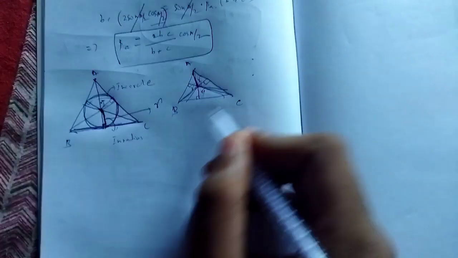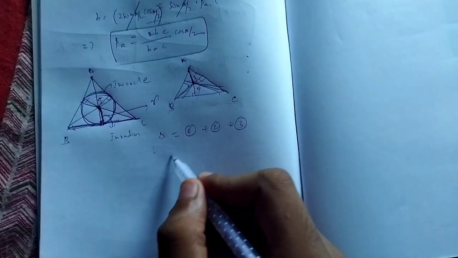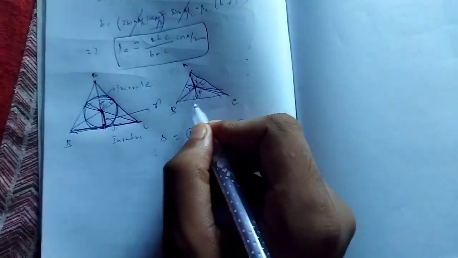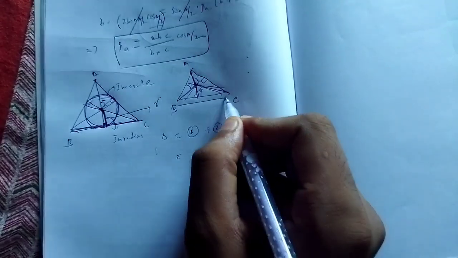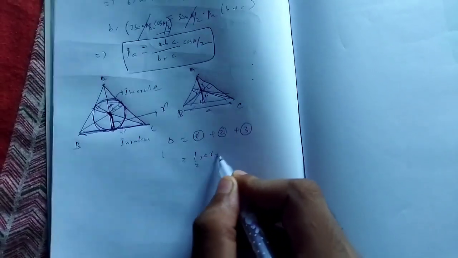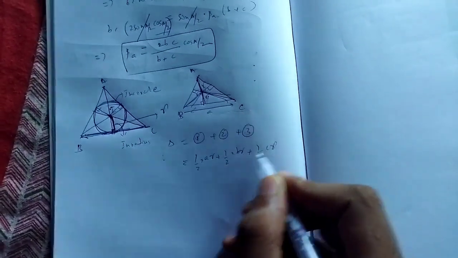The area of triangle ABC, delta, can be written as the sum of the areas of the three triangles: half a r plus half b r plus half c r.